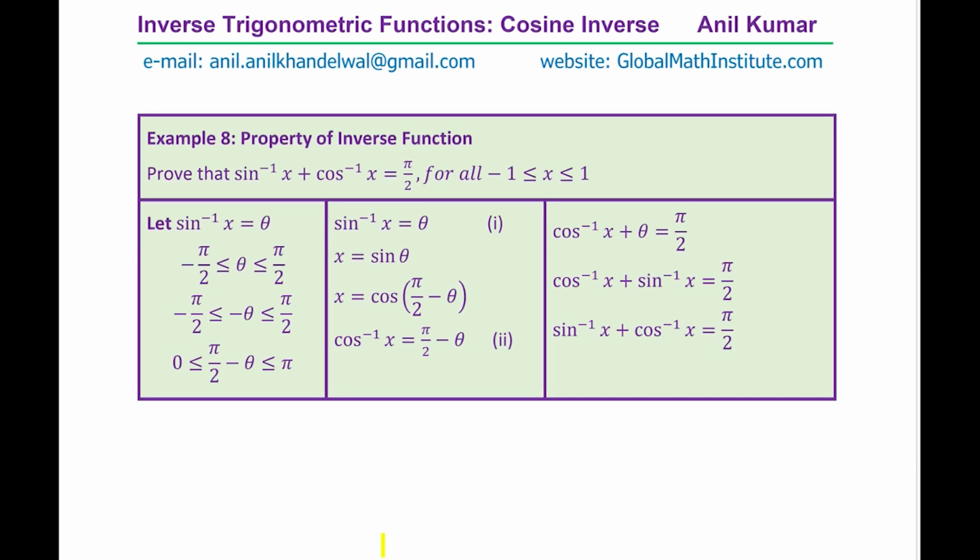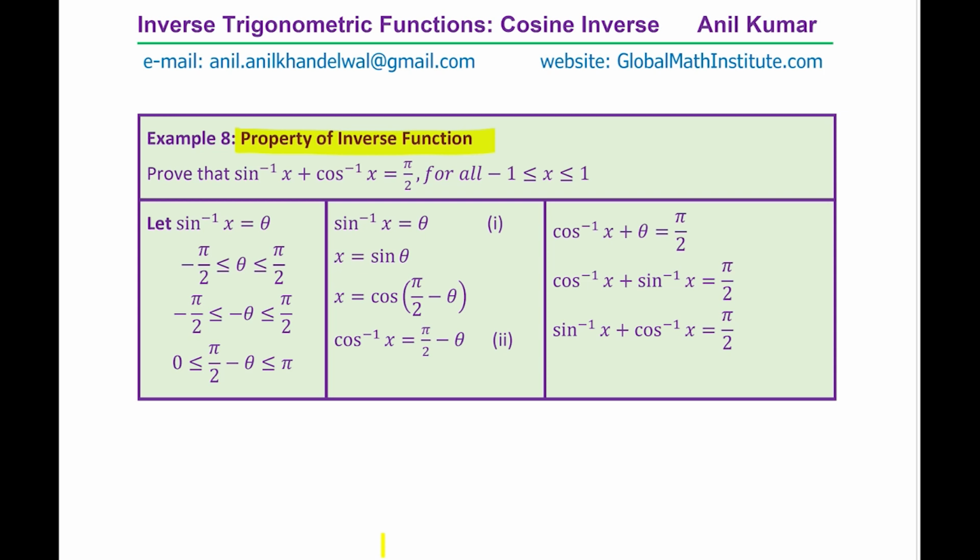Now here is a very important property of inverse functions. I'd like you to closely look at it and understand our proof. Question is to prove that sine inverse x plus cos inverse x is pi by 2 for all x between minus 1 and plus 1.